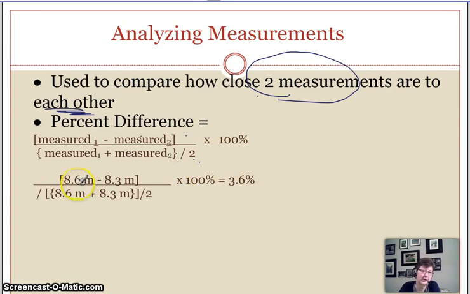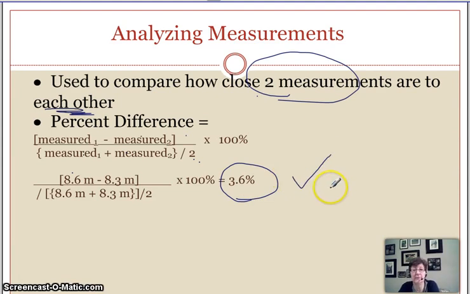And so if I were comparing 2 values that I got, 8.6 meters and 8.3 meters, here in the numerator I've got the difference between them, and then I divide in the denominator by the average. 8.6 plus 8.3 divided by 2 times 100%, and when I perform that computation I get 3.6% for my percent difference. And again, that's not too bad.